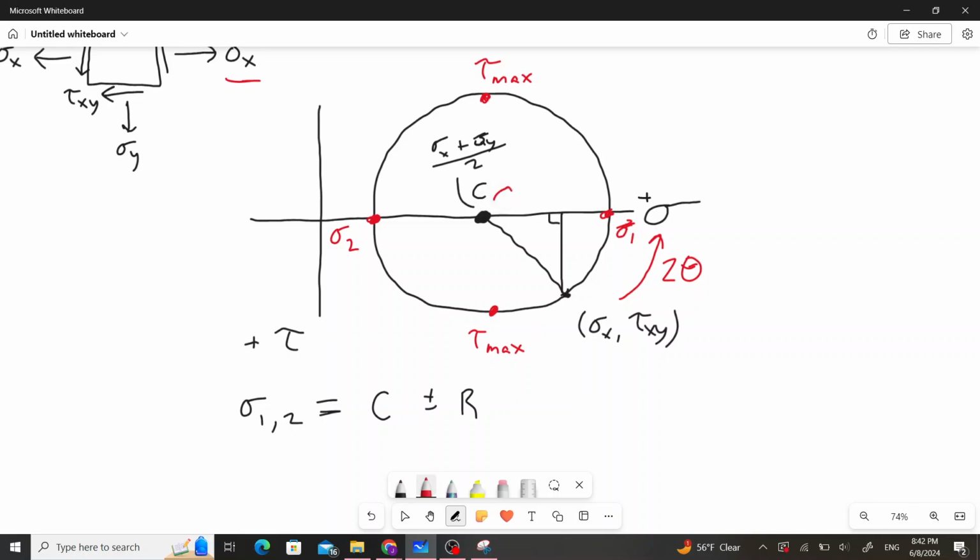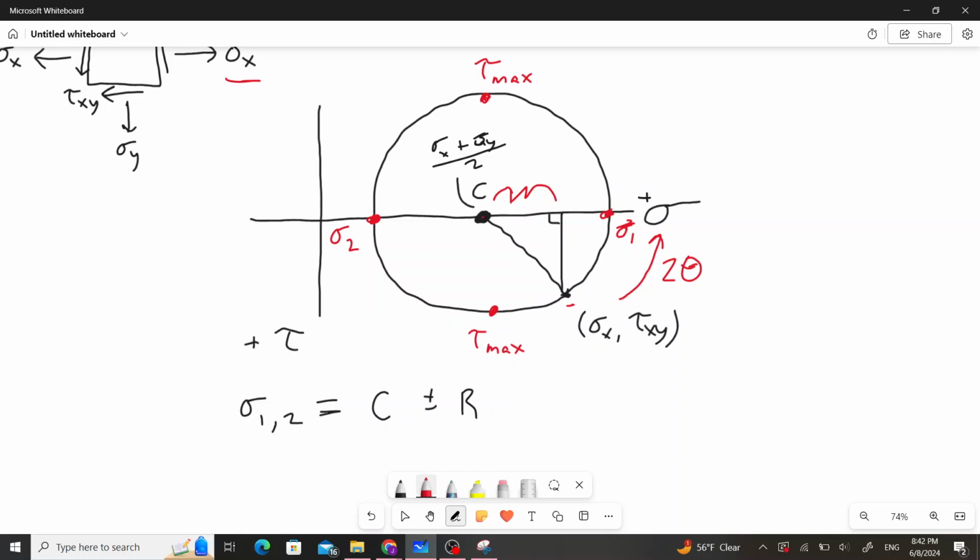So that means that this distance right here is going to be equal to sigma x minus sigma x plus y divided by 2. Right? So it's the difference between this location's x-coordinate and this location's x-coordinate.